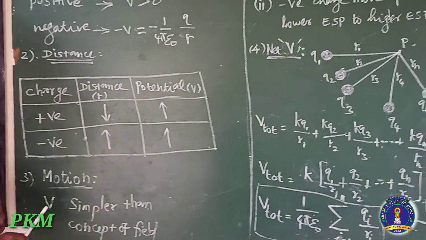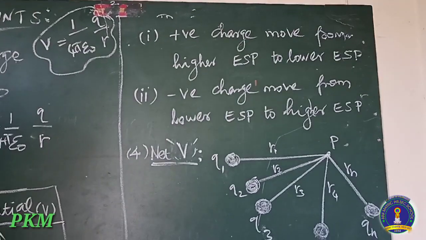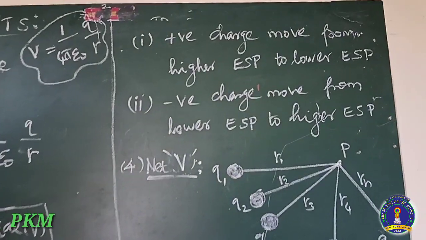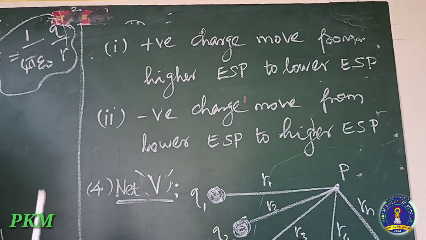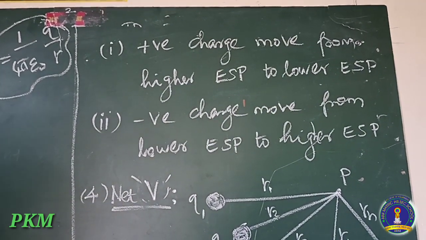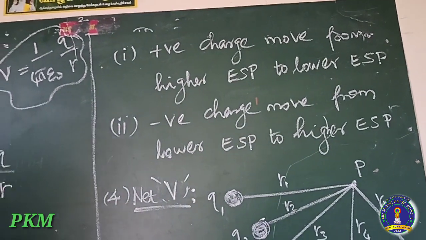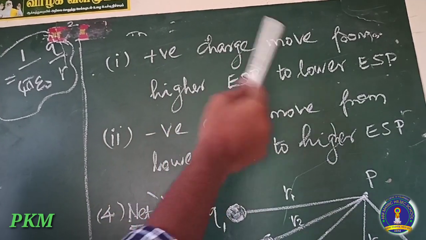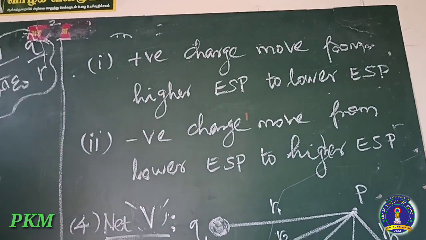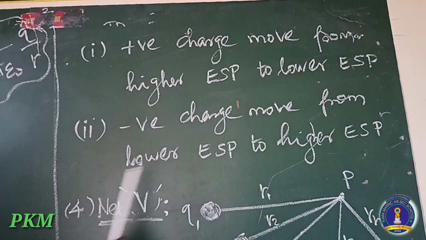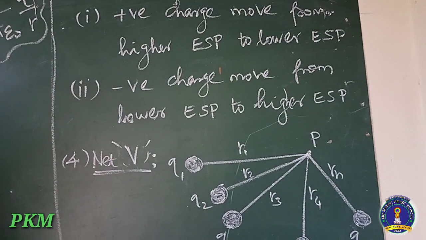You know from your 11th standard, sixth lesson, that a mass moves from higher gravitational potential to lower gravitational potential. Similarly, a positive charge moves from higher electrostatic potential to lower electrostatic potential, but a negative charge moves from lower electrostatic potential to higher electrostatic potential.